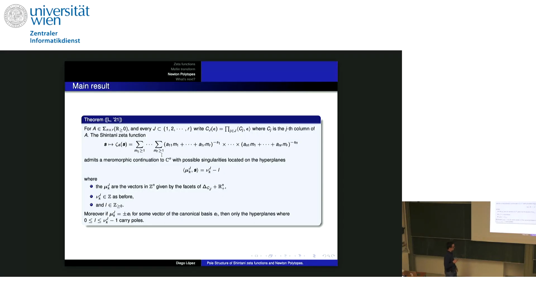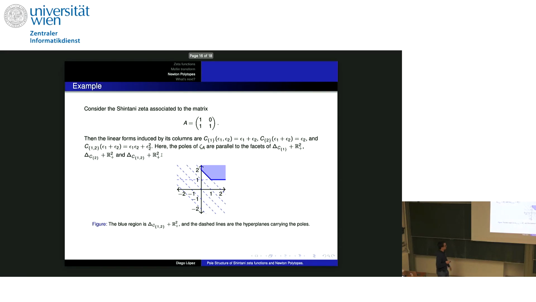The mu_kj's are as before, described by the half spaces which induce this region. It's no longer a polytope because it's unbounded, but this region. And L is just a non-negative integer, so for every L non-negative integer.